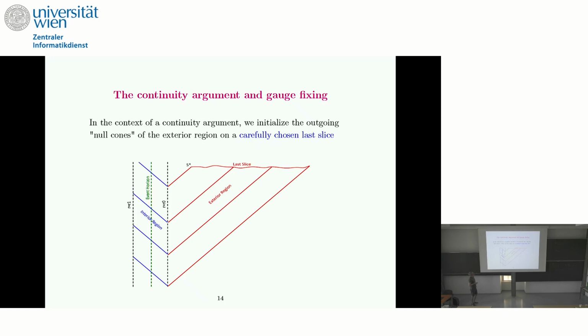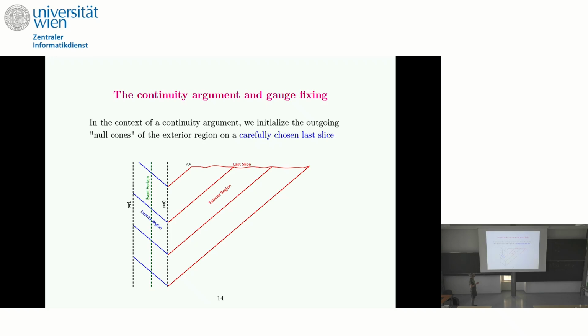I want to show you my bootstrap region, and it starts with this last slice here, which is a hypersurface. You should think that it comes together with a foliation by topological spheres. Each of these spheres immediately generates a future directed, or outgoing, null cone.